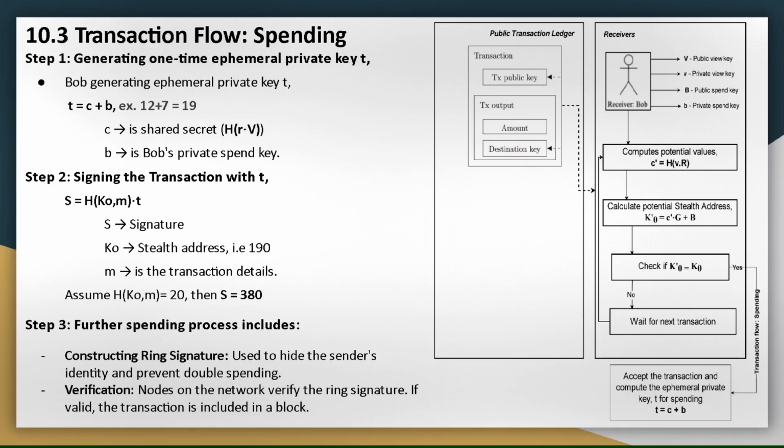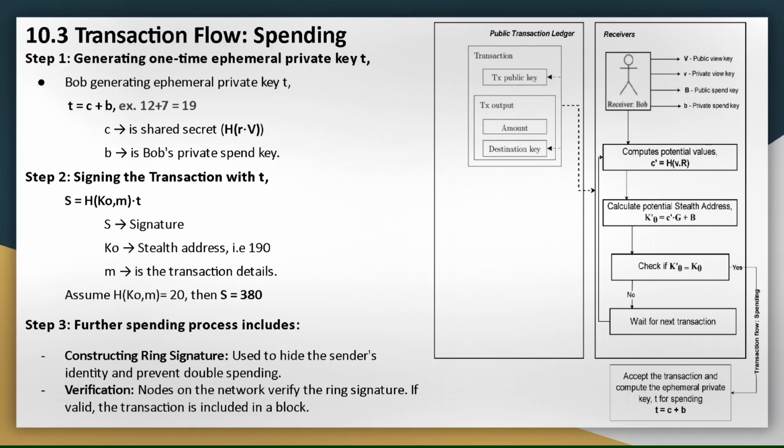Now further, in order to make his sender side anonymous, he will construct a ring signature which will hide his sender's identity and prevent double spending. The working of the ring signature is that Bob will create a ring signature using the public keys of other decoy members on the network.